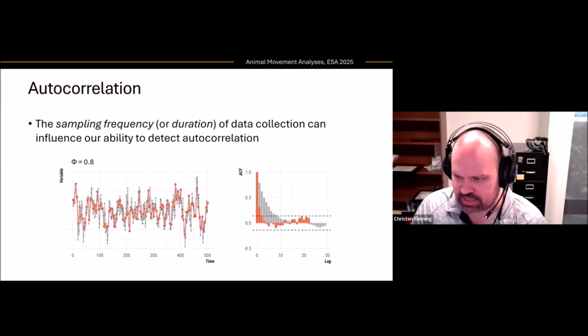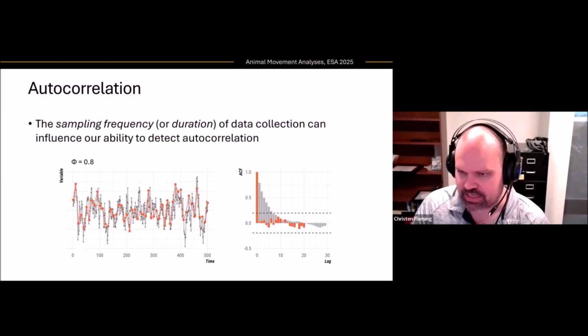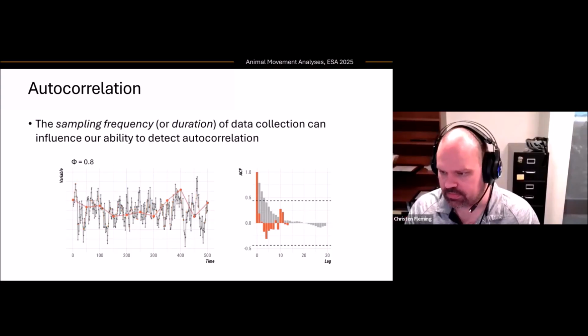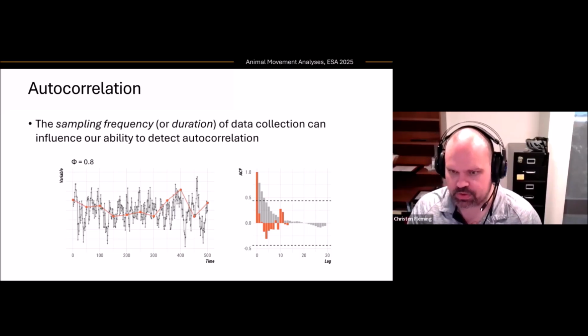So if we coarsen the data down, as in this example, then at one time lag out we see much less autocorrelation than if we had the finer sampled data. And if we keep coarsening the data, we see less and less autocorrelation. In this case, it becomes totally insignificant if the data are sufficiently coarse.